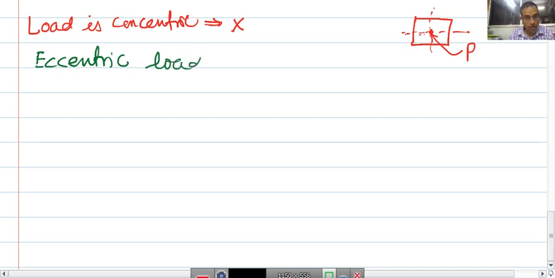What happens is very important, because these are practical things, while Euler is a very ideal condition. What happens with eccentric loading? There are two ways to address this.